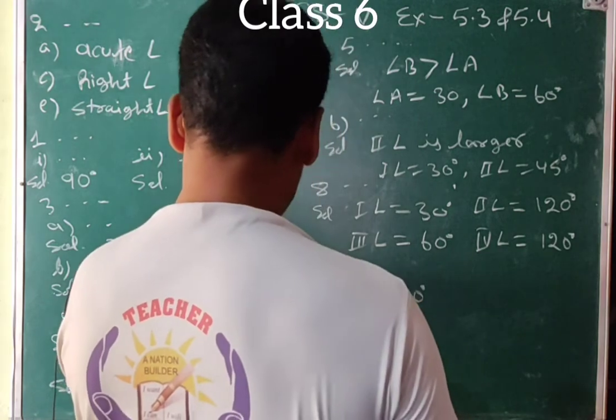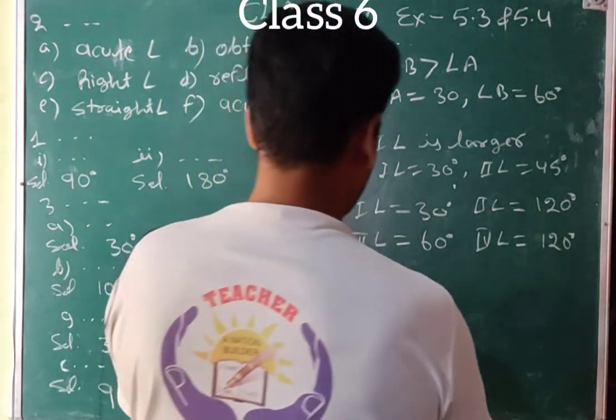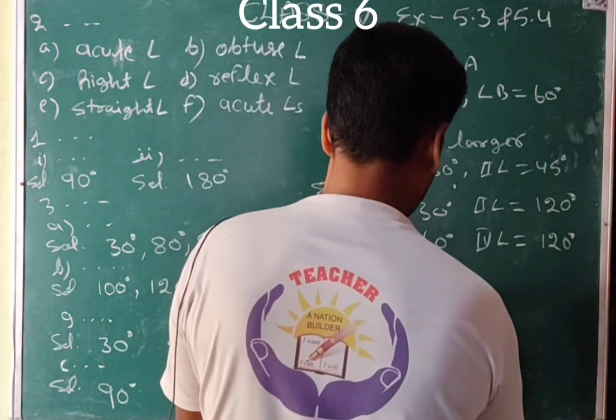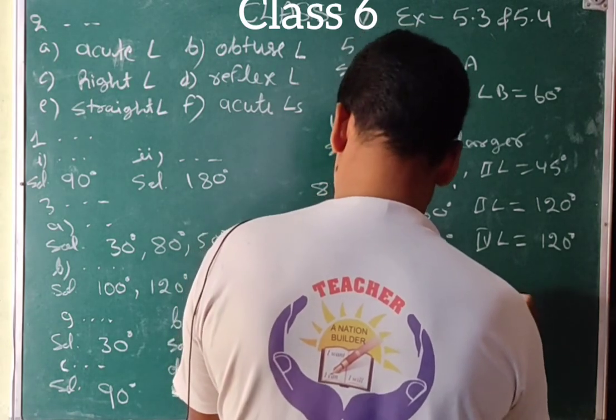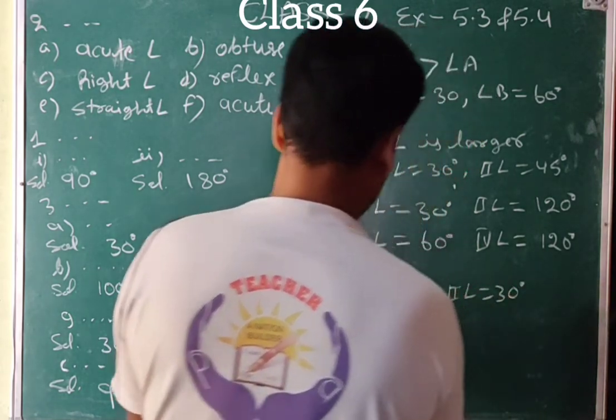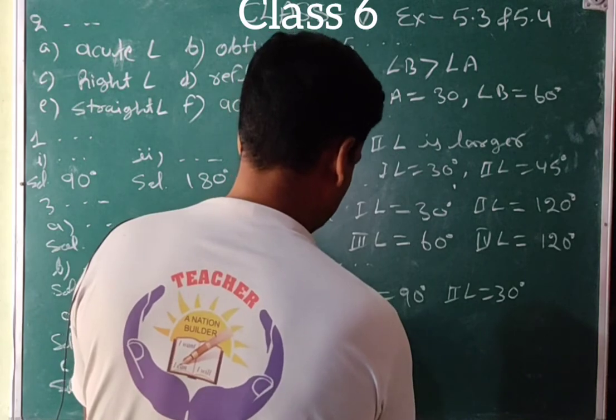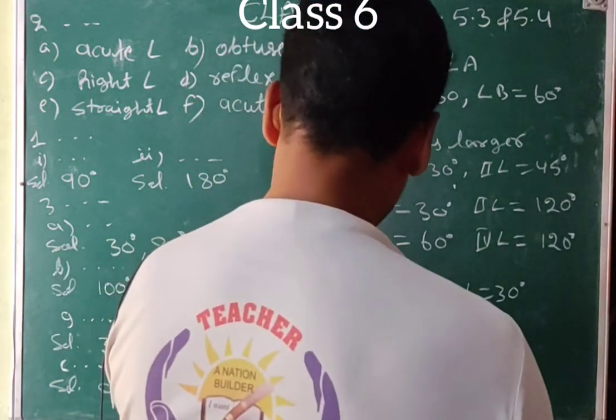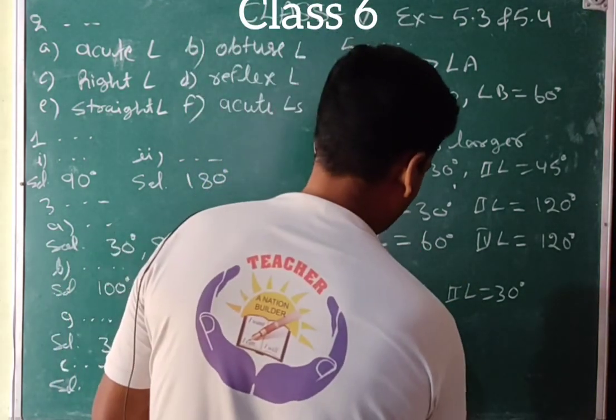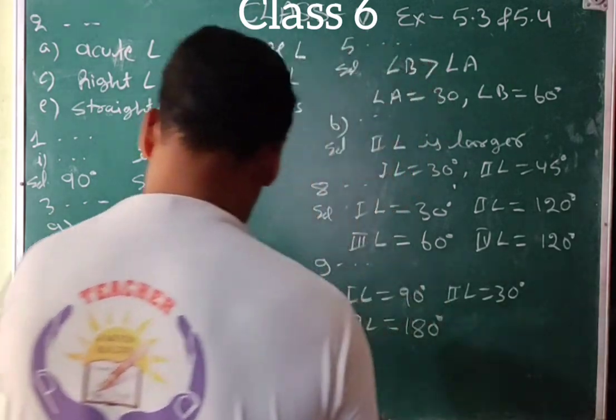And then 12 to 1 will be 30 degrees. This is sure, that will be 30 degrees. The third angle is a straight line, so that will be 180 degrees.